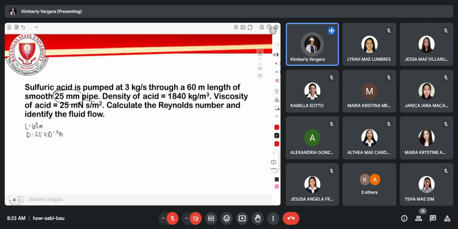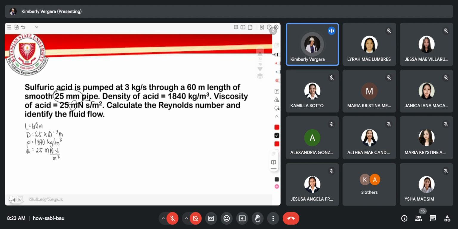Our density of acid is 1,840 kilograms per meter cubed. Our viscosity is 25 milli-newton seconds per meter squared. Not meters, that is milli.